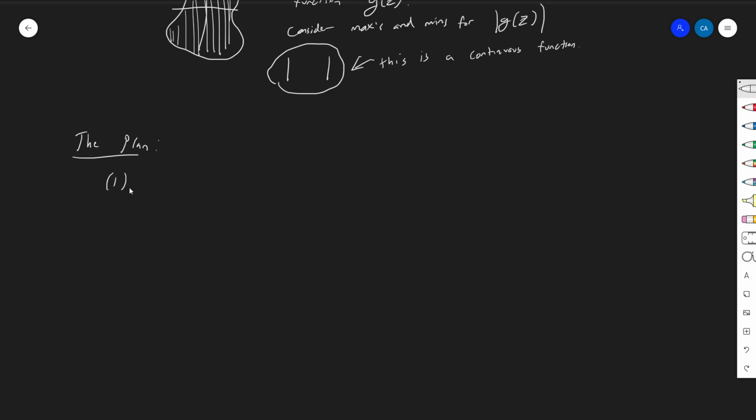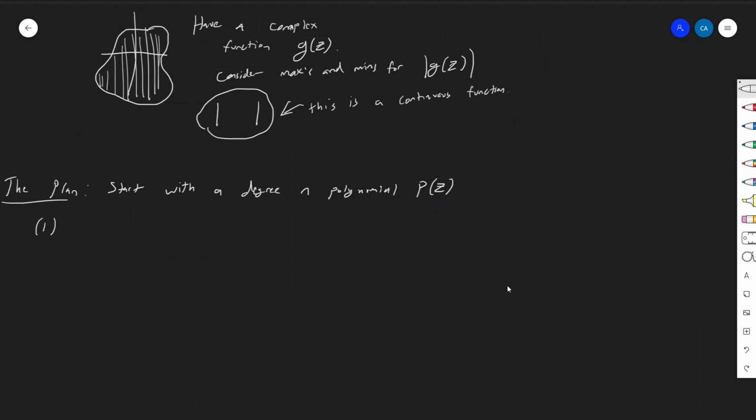Step one, there's going to be 3 parts to this proof. Step one is we're going to start with something a little more humble. We're going to start with a polynomial. So start with a degree n polynomial. I'm going to call it P of z. We're talking about complex numbers. We're done with x's. Z is my new best friend.